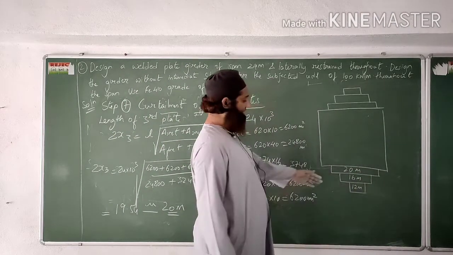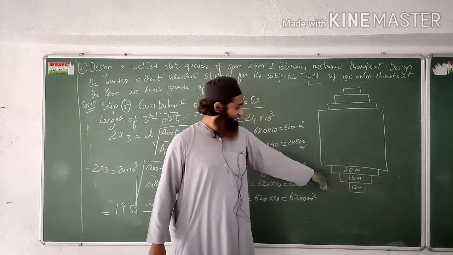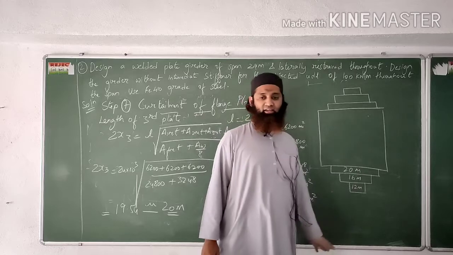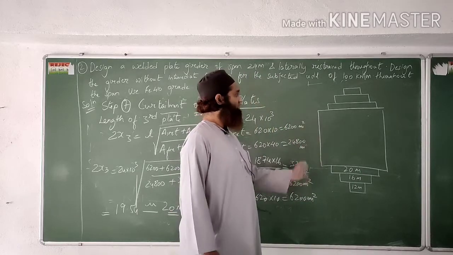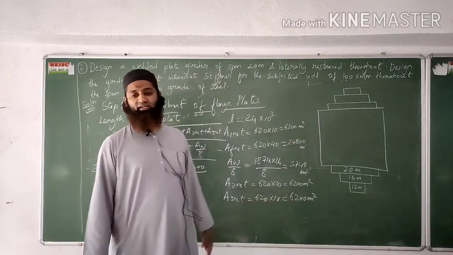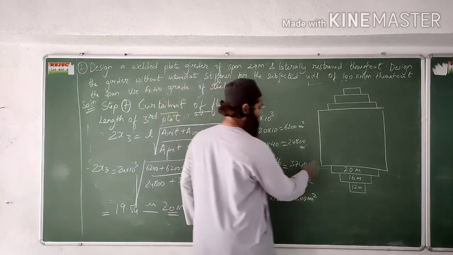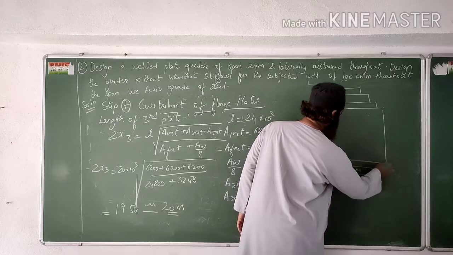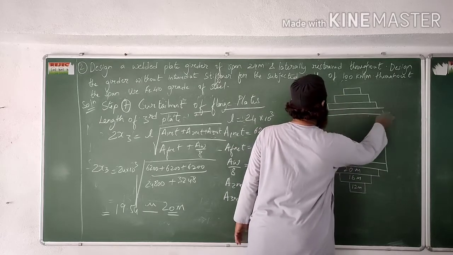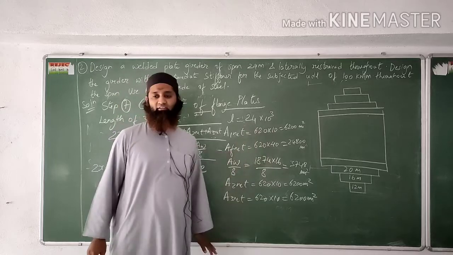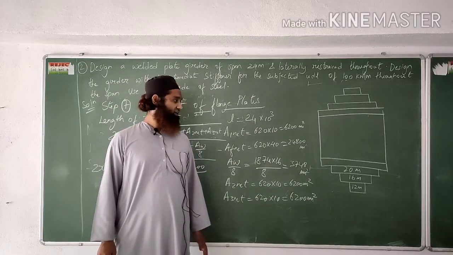This is how it is curtailed. So this part has been cut on both sides. This is called curtailment. From the center it will be 12 here and there. So this is how the curtailment has been done. Hope it is clear to you all. And the fourth plate, naturally it will be the plate which is 620 into 10. Okay, this is how this plate will be curtailed. Hope it is clear till here.